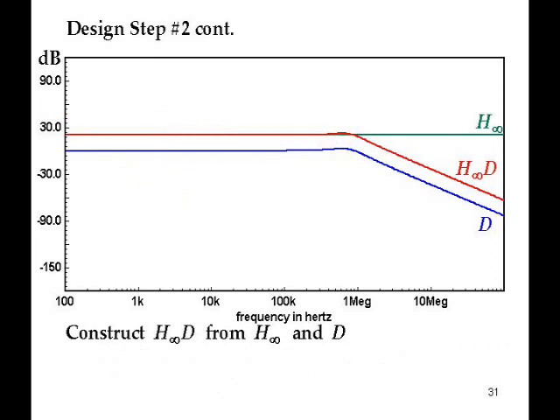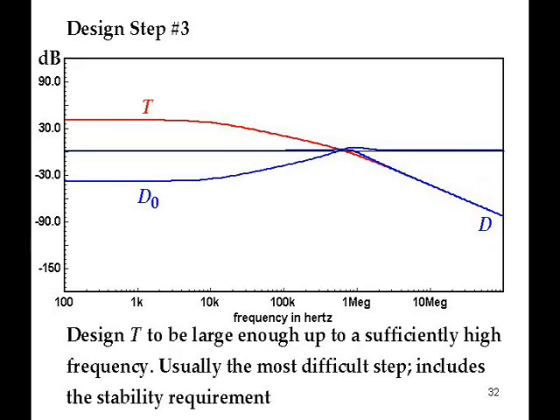So that's step 2. And also, the next step that you're going to do graphically is to combine the D with the H infinity, which on the usual dB axis is simply a direct summation, and the H infinity times D, which is the closed loop gain H you're trying to get, is simply the sum of those two. And in this case, the H infinity is 20 dB, and H infinity D matches that up to a certain frequency, but then falls off below after loop gain crossover.